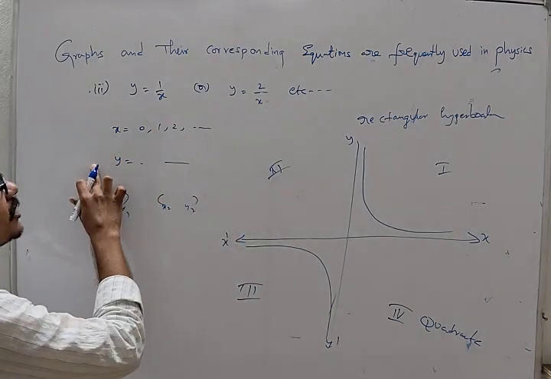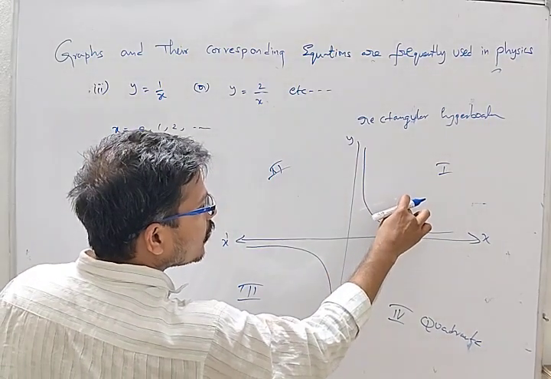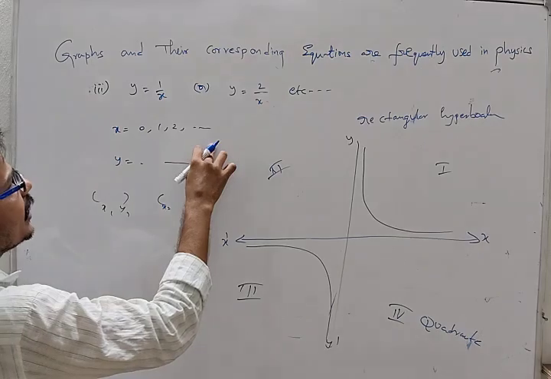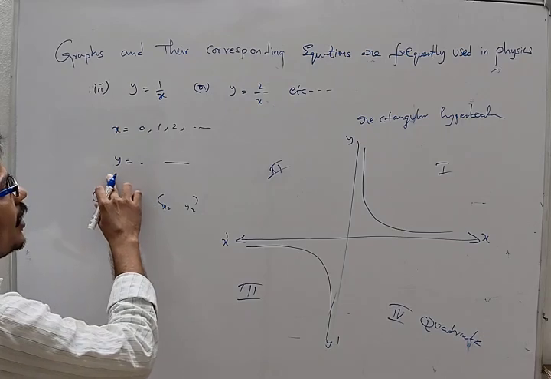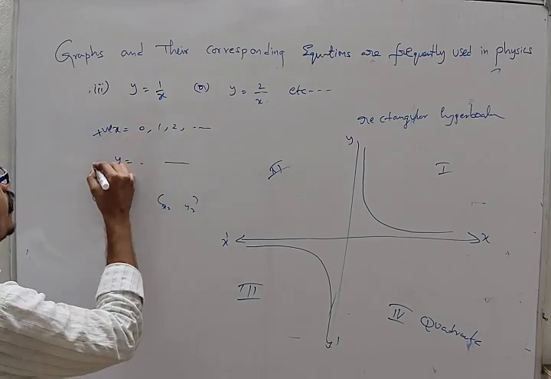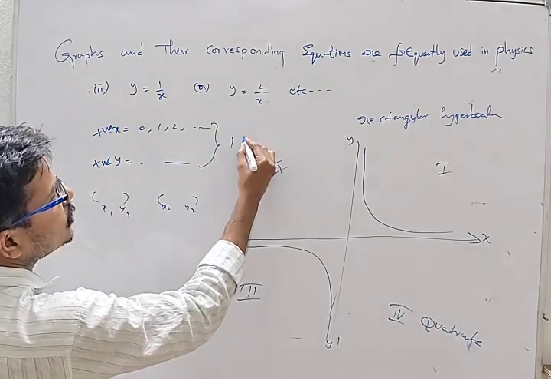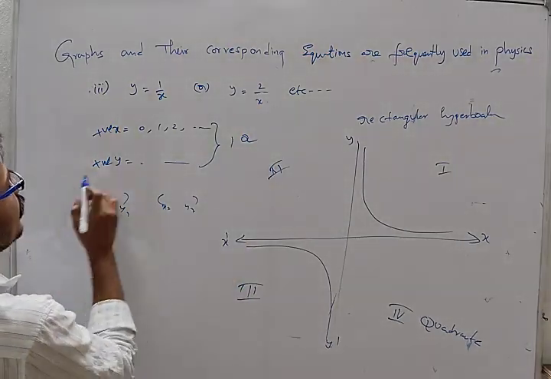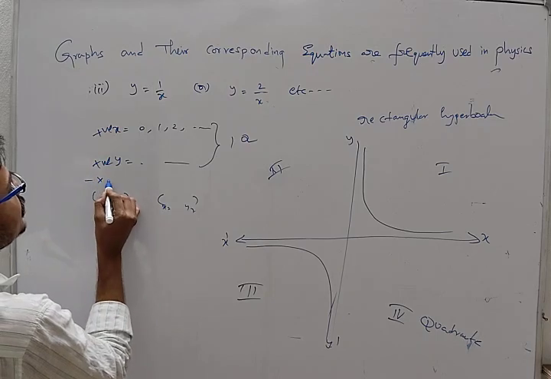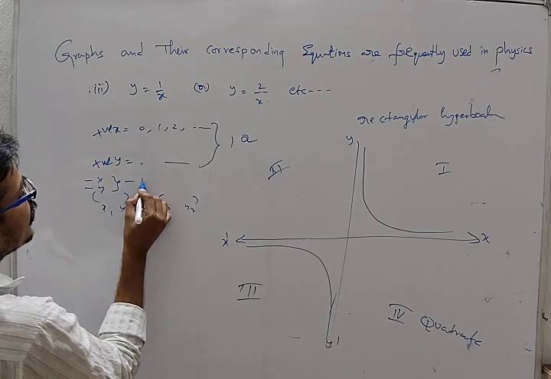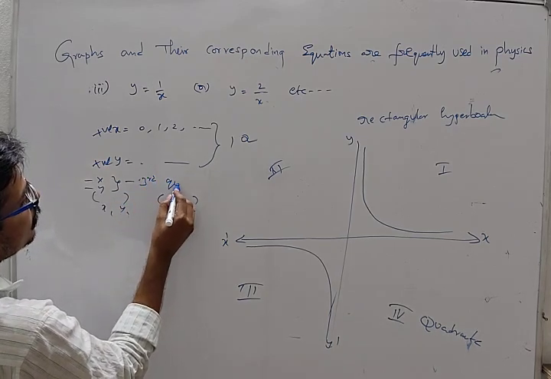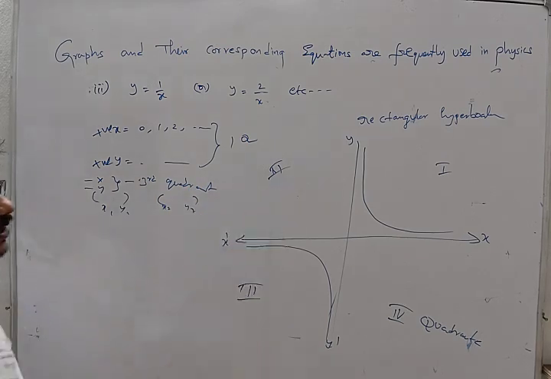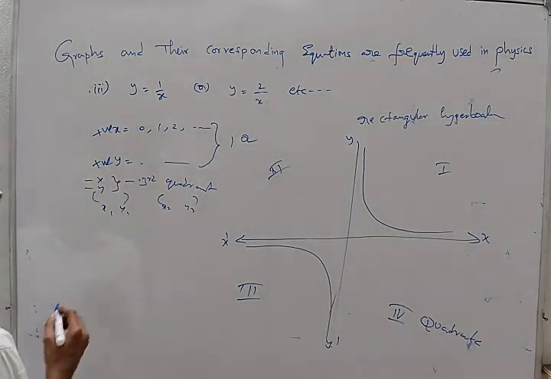If you take all values as positive, you will get the graph in the first quadrant. If x is negative, y is also negative, so in that case the third quadrant. So for the first and the third quadrants we can get graphs. Okay, this is the third case.